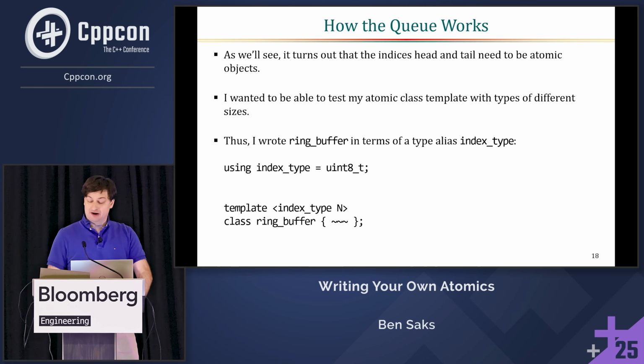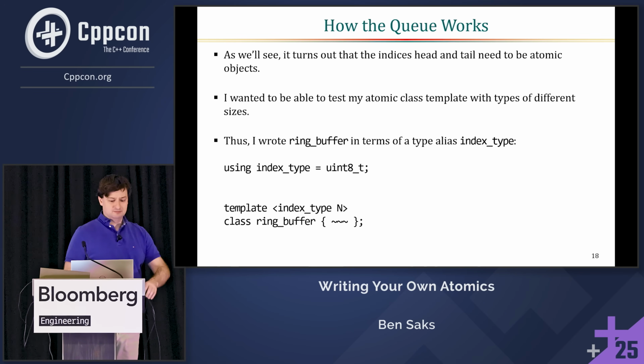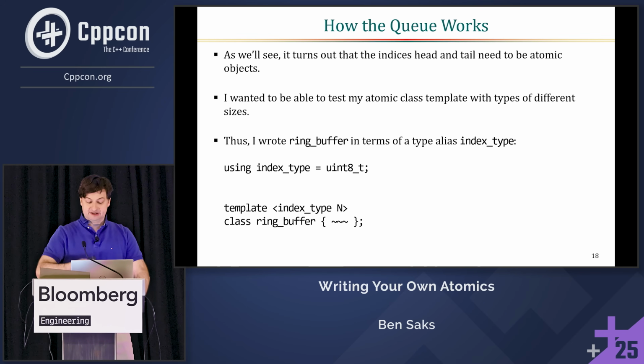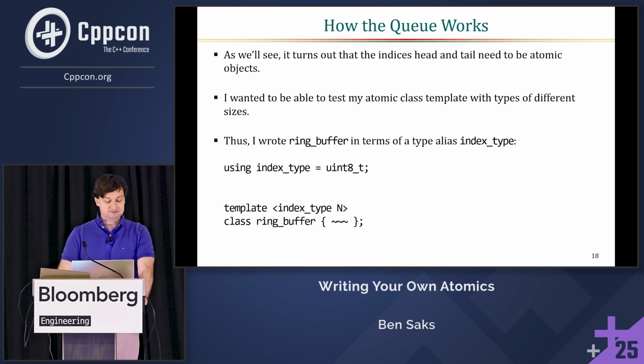Now, it turns out that head and tail will need to be atomic objects for this to work. I wanted to be able to test my atomic class template that I was going to write with different underlying types: a type that was relatively easy to make atomic on my target platform, the Arduino, and one that would take a little bit more work.